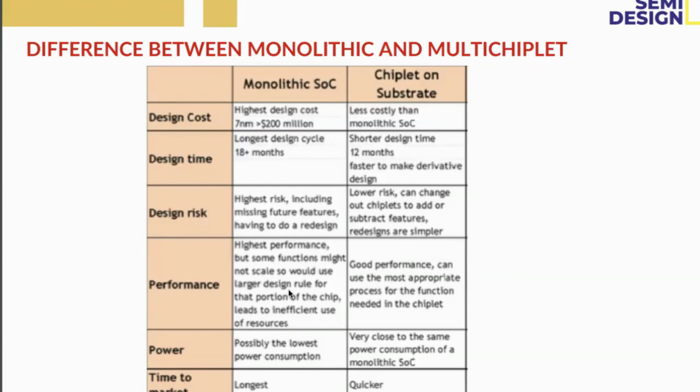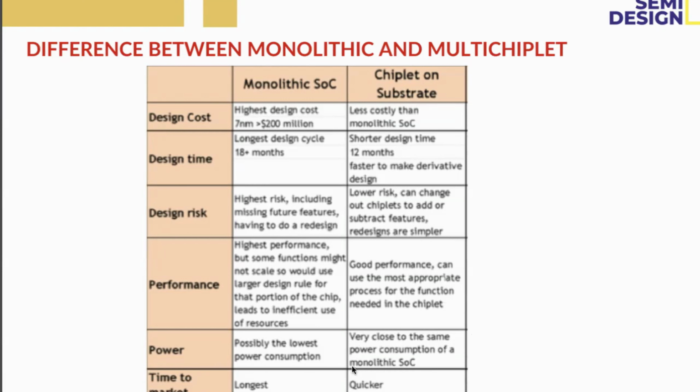Okay, any other doubts? Coming to the performance, monolithic has the highest performance, but some functions might not scale, so it would use a large design rule for a portion of the chip, which leads to inefficient use of resources. Whereas a chiplet has good performance and can use the most appropriate process for the function needed in the chiplet.